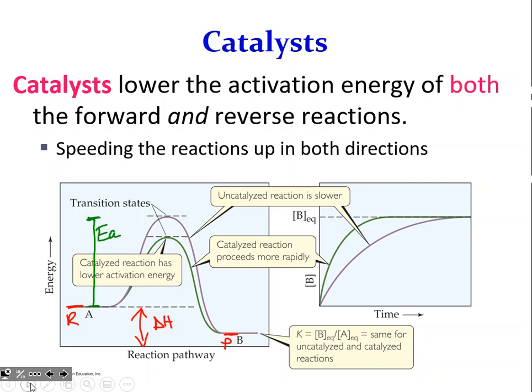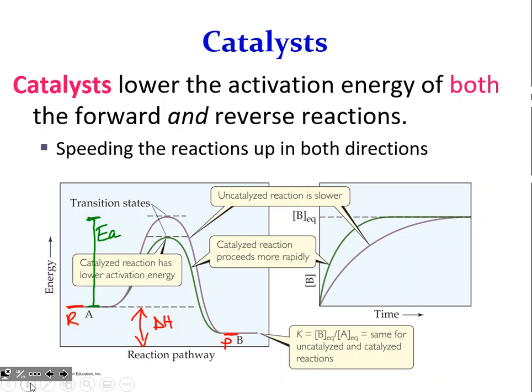We saw that in also our How to Get a Date for the Dance video, that it repositions the molecules so they collide better, orient better, and lowering that energy needed for the collision to take place. What you see here is the hill is lowered in both directions. It's the same whichever direction you're going. So it speeds it up equally in both directions.